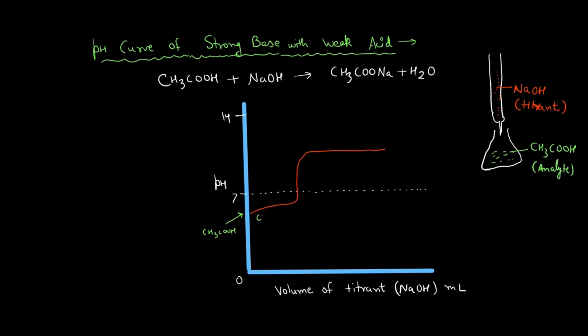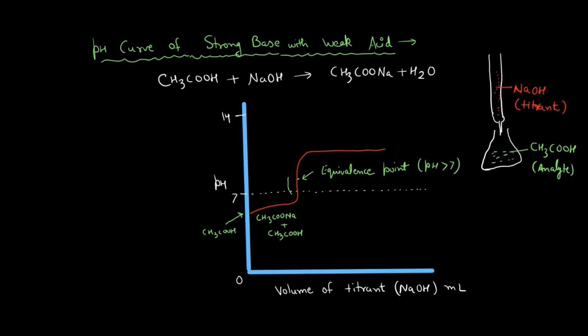So when sodium hydroxide is dropped, we have sodium acetate plus unreacted acetic acid. When all the acetic acid has been reacted with sodium hydroxide, we get a rise in pH, and the midpoint of this rise, that means this one, is the equivalence point. So we say the equivalence point is at pH greater than 7.